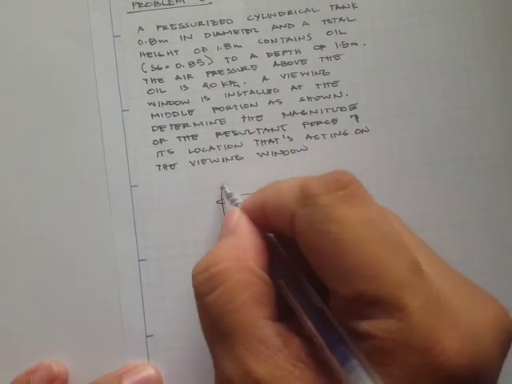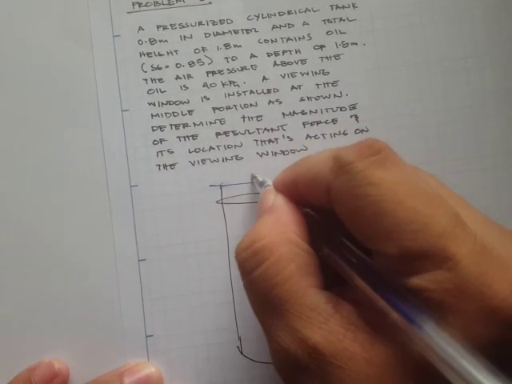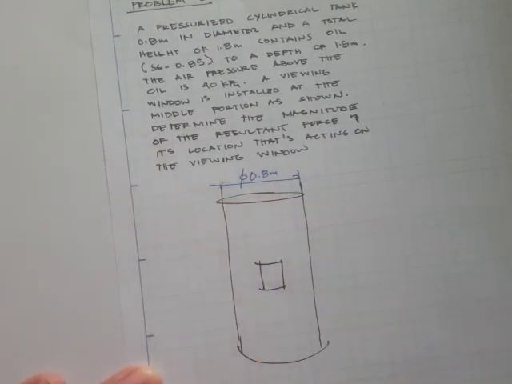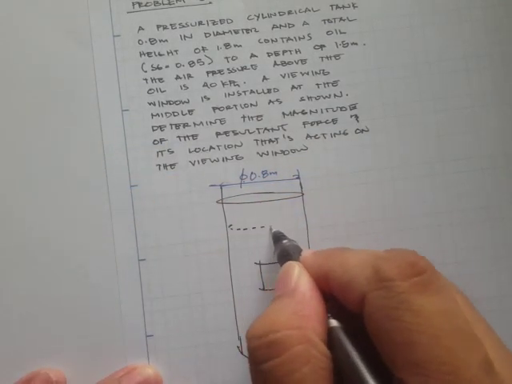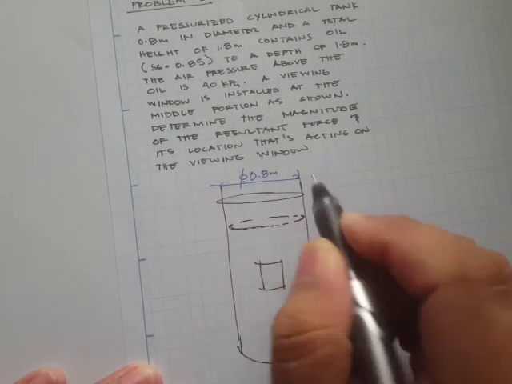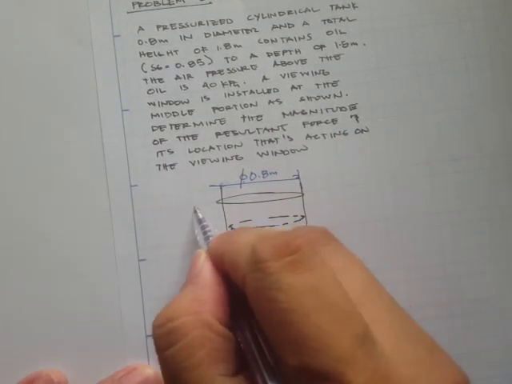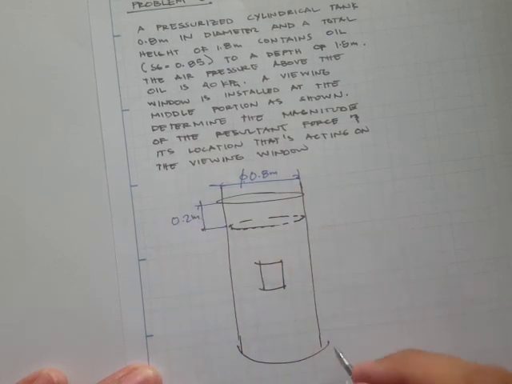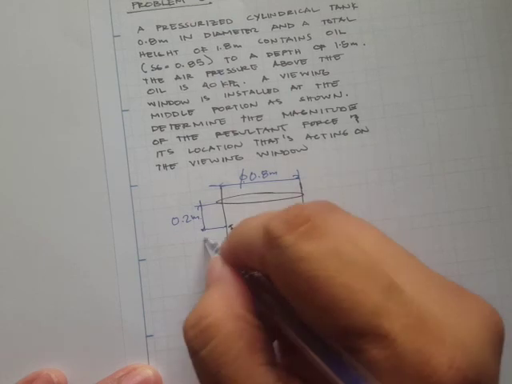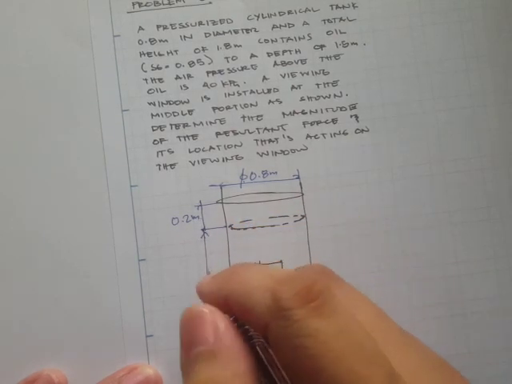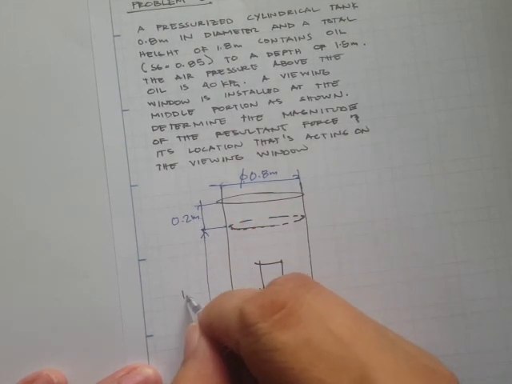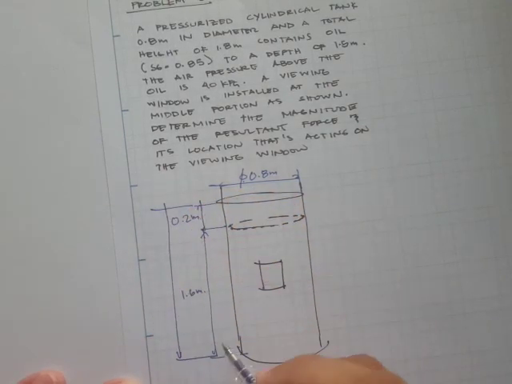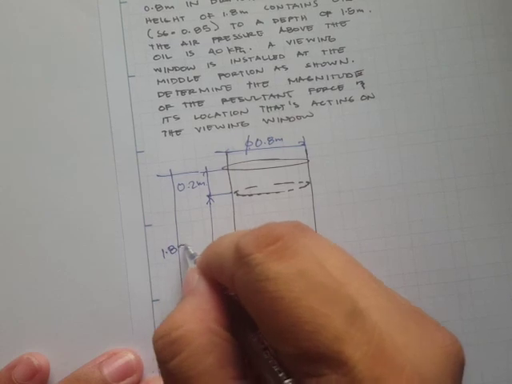Okay, so the diameter is 0.8 meters, and we have an air gap of 0.2 meters, and then from this to here, that's 1.6 meters. So we have a total height of 1.8 meters.